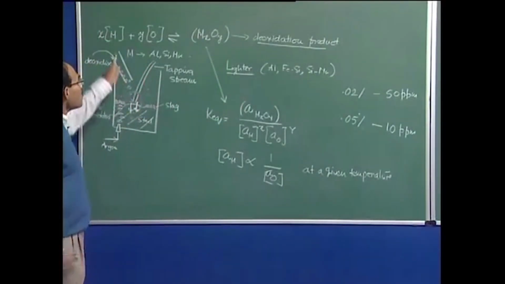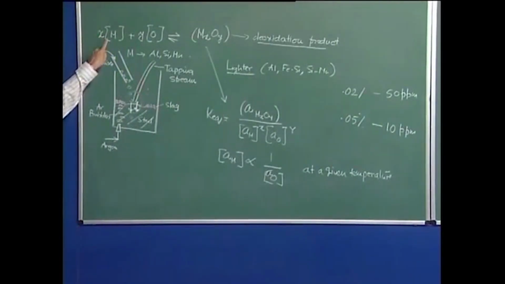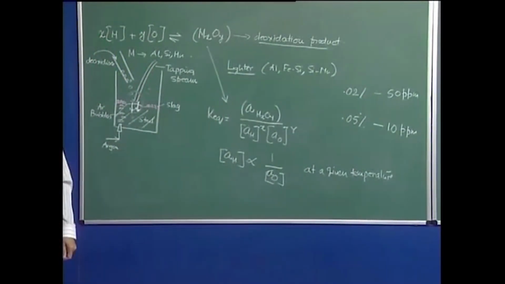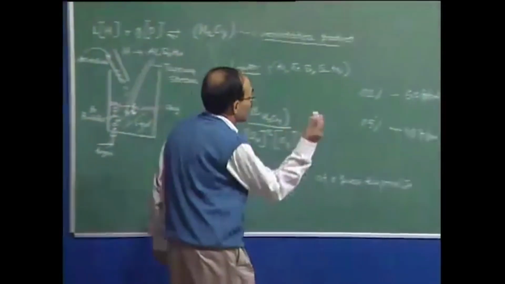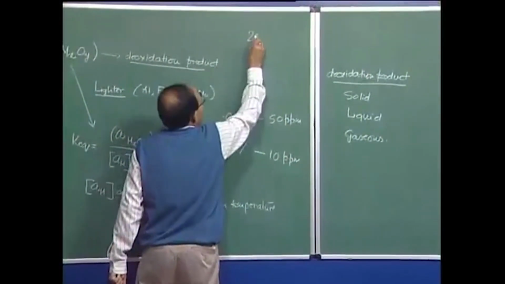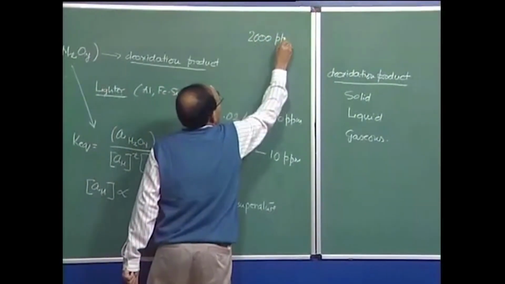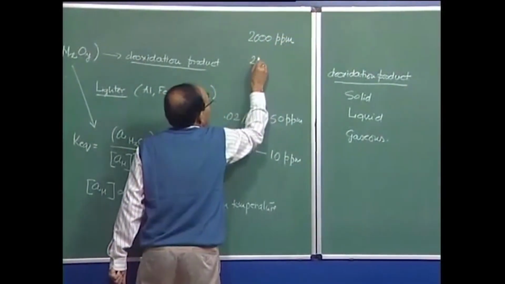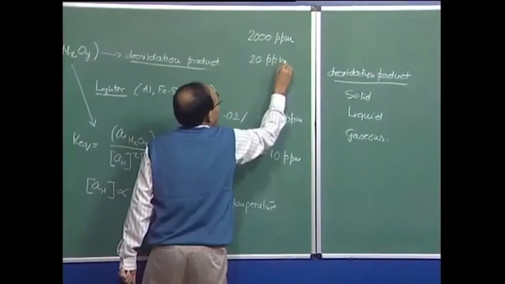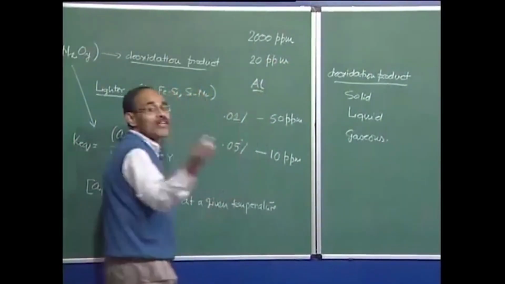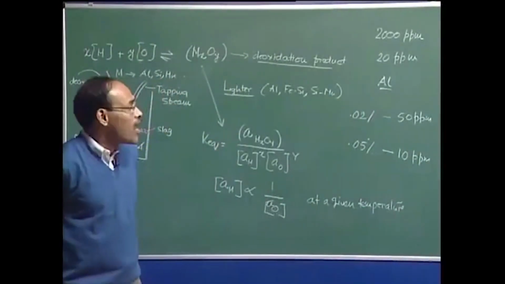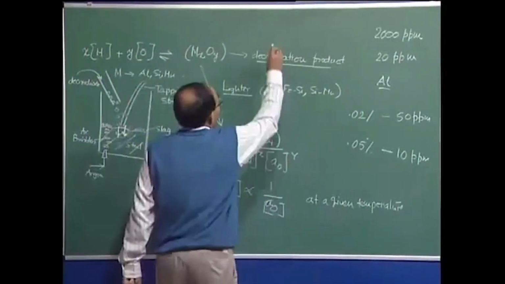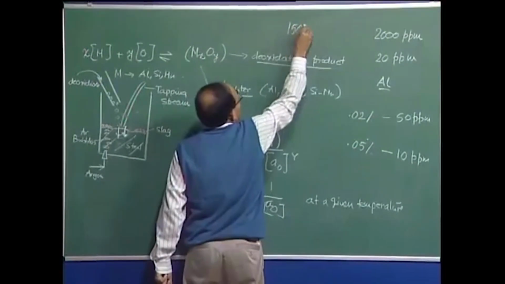Now the amount of deoxidizer required in a steel melt shop is a very important piece of information. Say I started with 2000 ppm of oxygen in the bath, and now I want to get to 20 ppm of oxygen. I want to add aluminium, and can you tell me how much aluminium I would be adding to the steel bath? I have a vessel size of 150 ton, for example, as the ladle size.